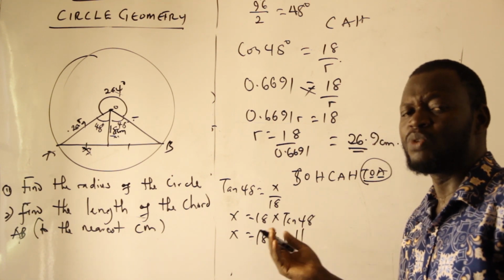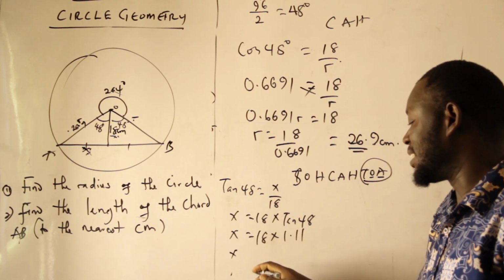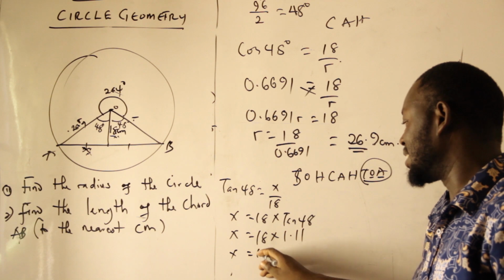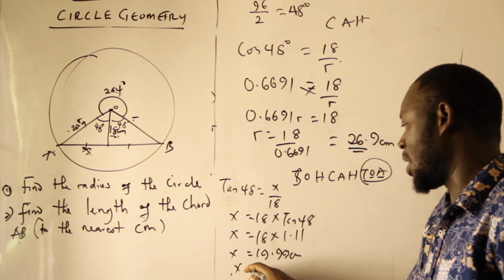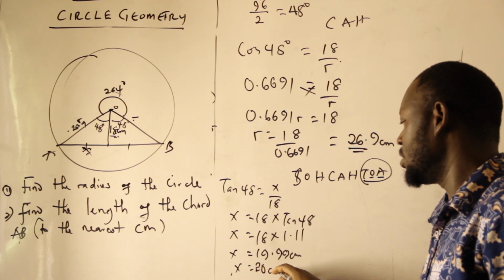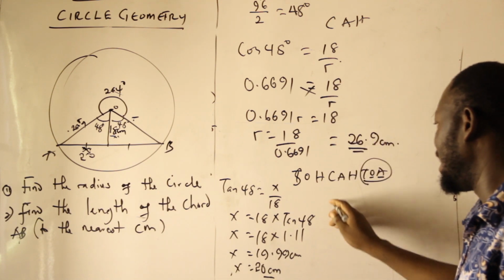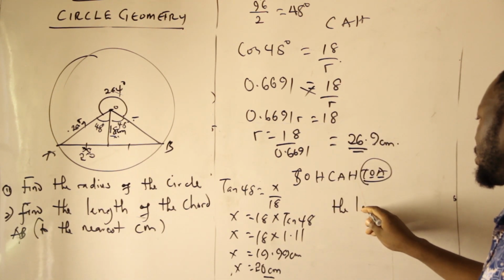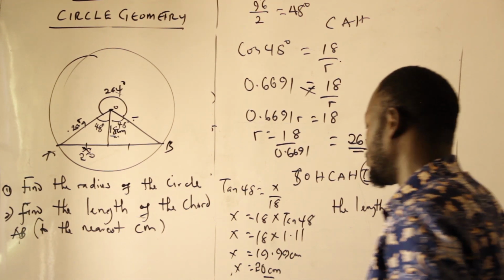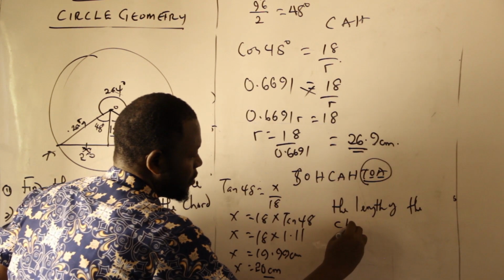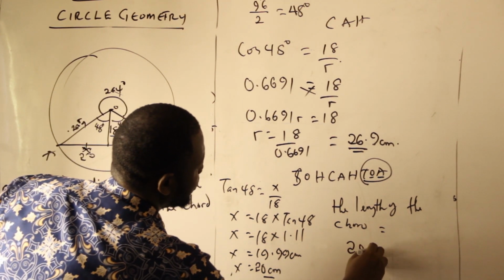Using calculator, you can as well use your 4-figure table. Just check tan 48, then multiply it by 18. So I have 19.99 centimeter. If I approximate this, I will have 20 centimeter. So once this is 20 centimeter, the length of the chord now will be 20 multiplied by 2.